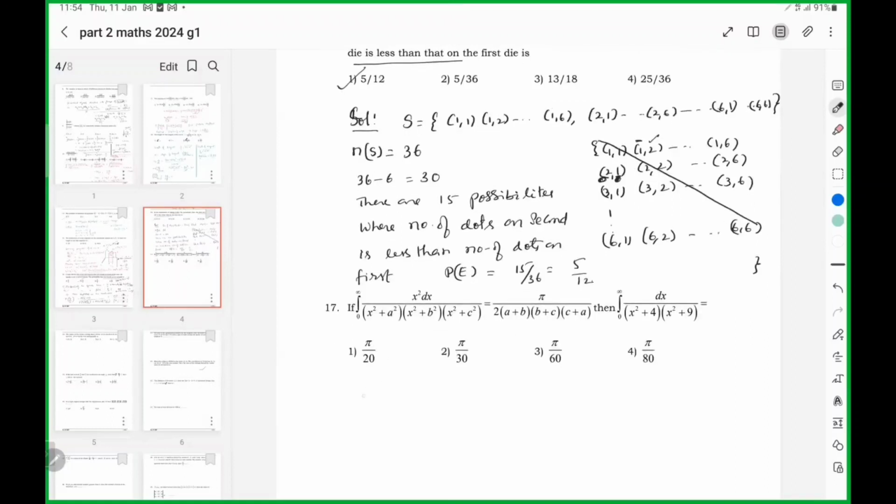Here put c as 0, a as 4, b as 9, b as 3. We get 0 to infinity. We are given a direct formula, x square, you get c square. After putting c as 0, your x square gets cancelled. According to the formula, 2 times a plus b, 7, b plus c plus a, that is 4.